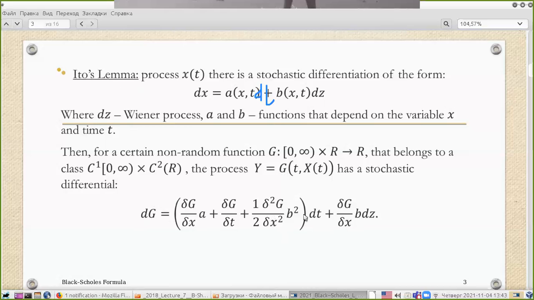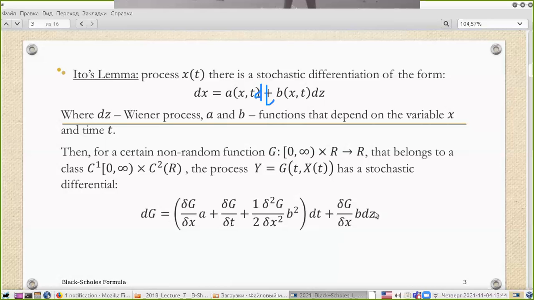a and b we take from this, but these values we can find if we know the form of the expression for g. For example, if g is t squared plus x squared, we can find dg with respect to dx, it's 2x, multiplied by a, and after that we can find dg with respect to dt, and I think it's easy.